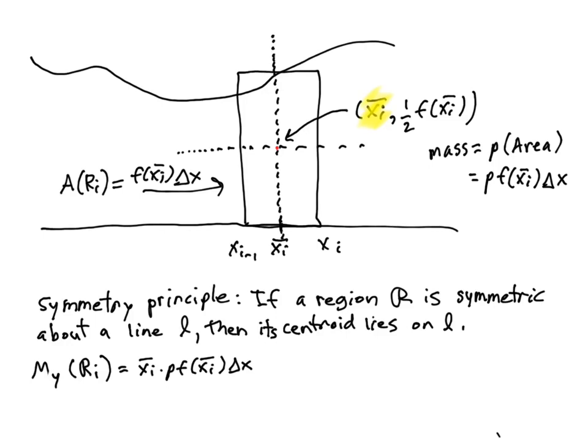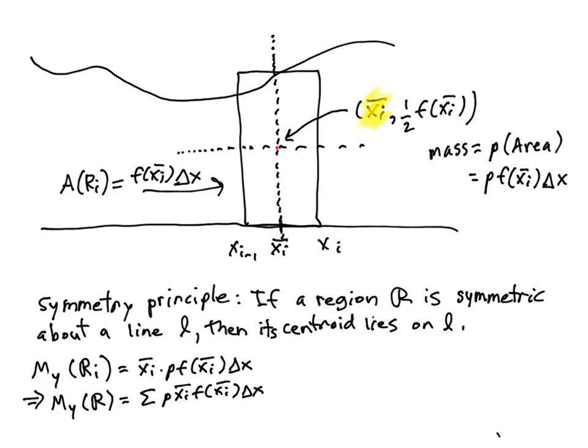But of course, what we need to do now is add these all up, because that's just the moment with respect to y of the ith rectangle. So this implies that the moment with respect to y of the whole system, of R entirely, is just going to be the sum of all of these: rho xi bar f of xi bar delta x.